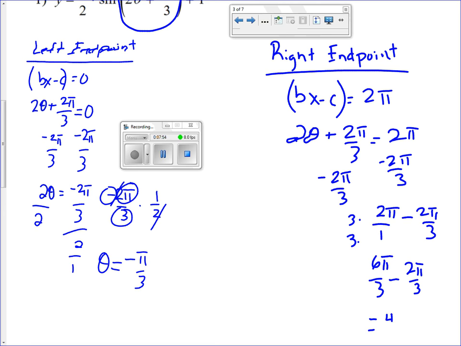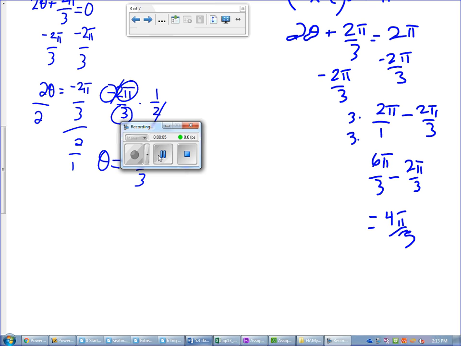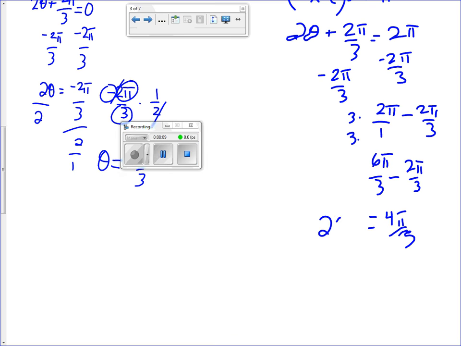And that's equal to 4 pi over 3. So we have 2 theta equals 4 pi over 3, and we will divide by 2.